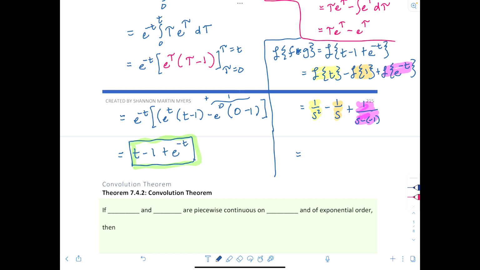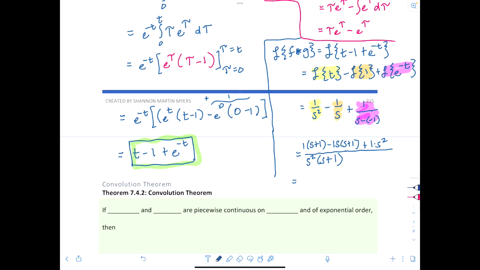Well, let's get a common denominator. Our common denominator will be s squared times s plus 1. So we'll have 1 times s plus 1, minus 1 times s plus 1, and then the last one is just missing the s squared. Simplifying this, what will we have? 1s plus 1 minus s squared minus s plus s squared.